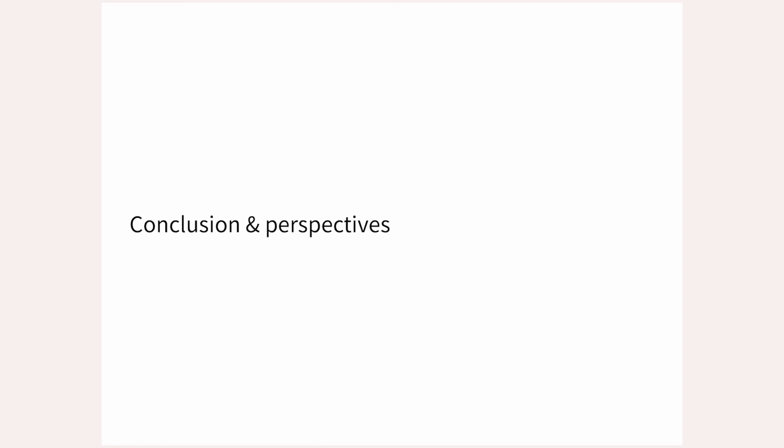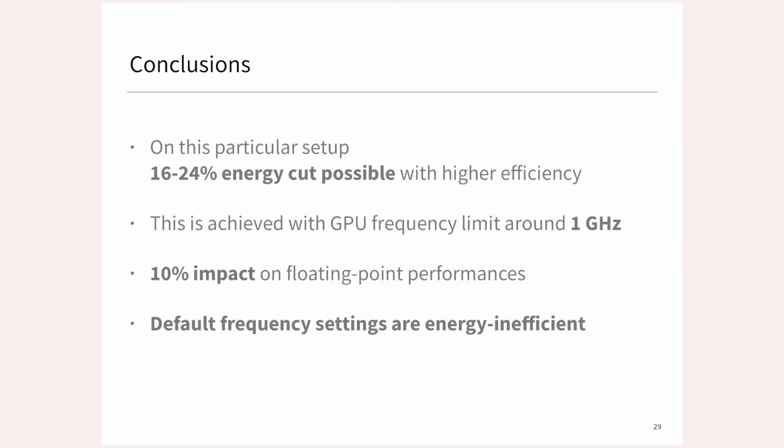All right, let me finish. On this particular setup, meaning this particular software and hardware, I think I've demonstrated that 16 to 24% energy cut is possible with higher efficiency. This can be achieved with GPU frequency limits around 1 gigahertz, and this will have, which I think is quite positive, a moderate impact of 10% on floating point performances.